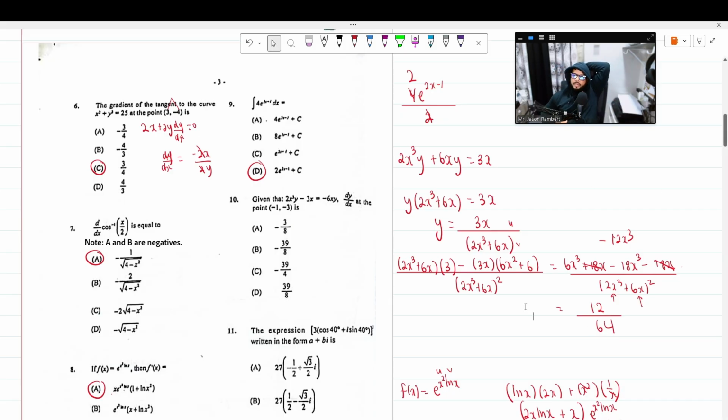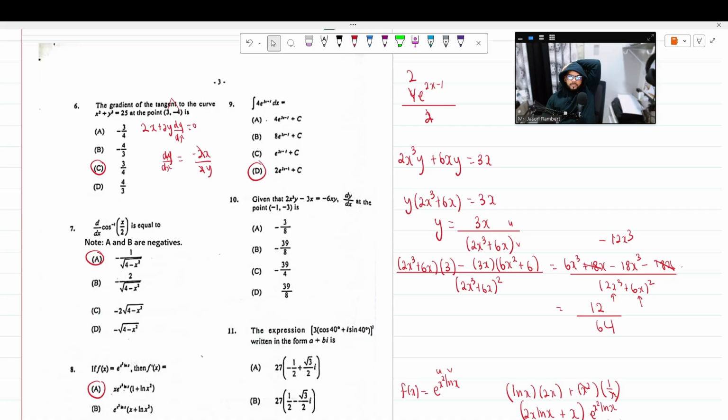So the reason why we get a 12 on 64 using this method: when we implicitly differentiate, we will get minus 39 on 8 to be the answer. But the reason why we get two different answers is that when we are calculating the gradient at a point on a curve, that point needs to be on the curve.